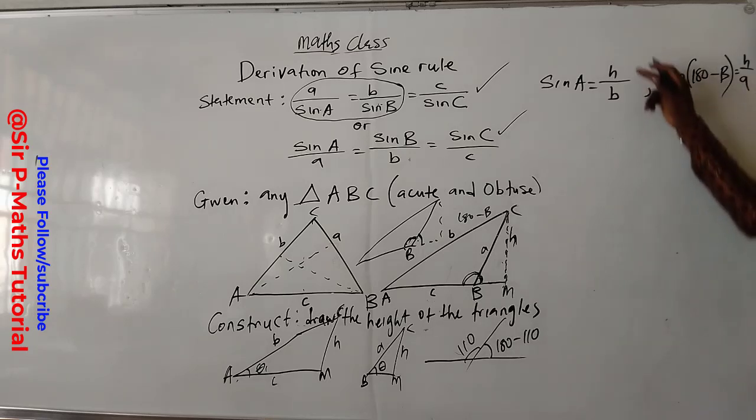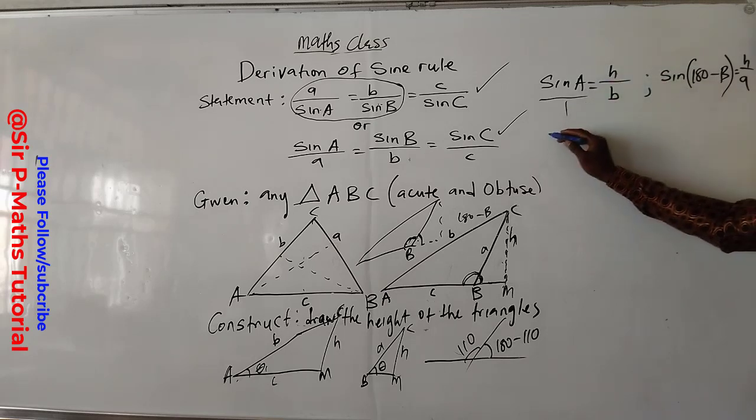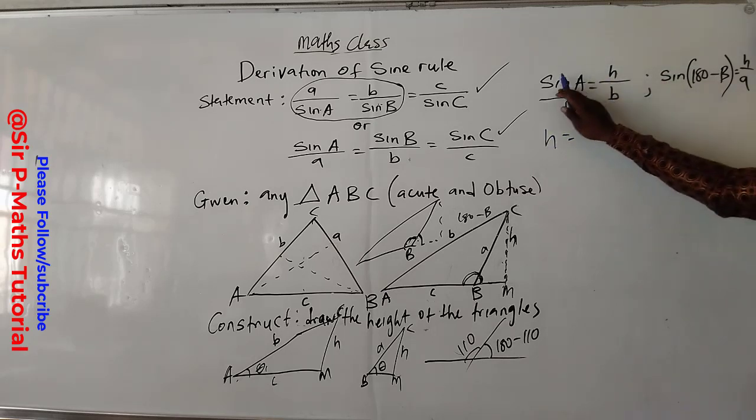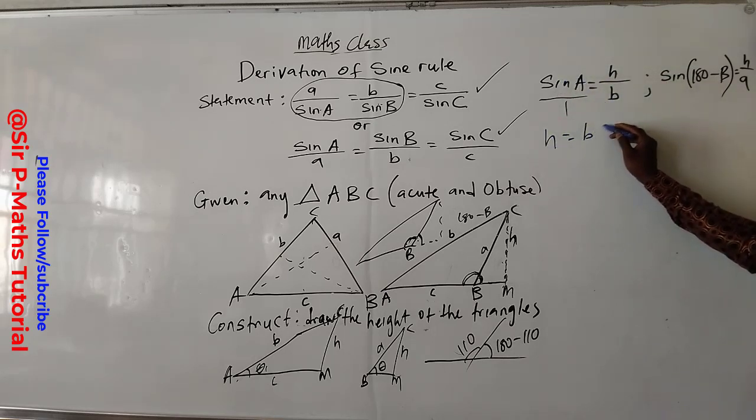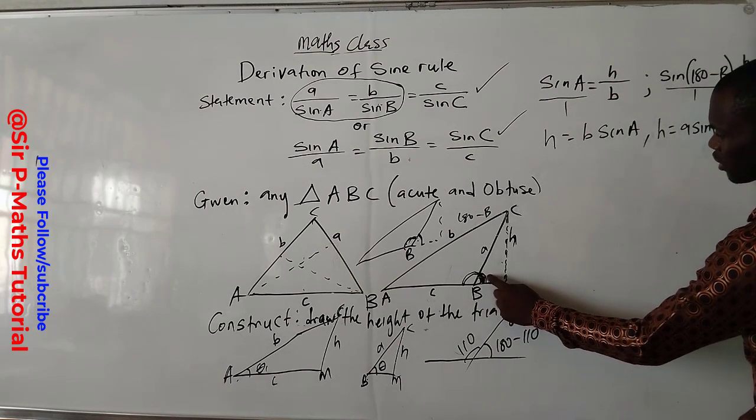At this point, we do the same process we took to solve the other one. h multiply 1 will give me h. b multiply here will have b sine A. And then h will multiply denominator here 1. I'll have h to be equal to a times sine 180 minus B. But we can remove this 180 minus B. Remember, we are looking for the angle here.